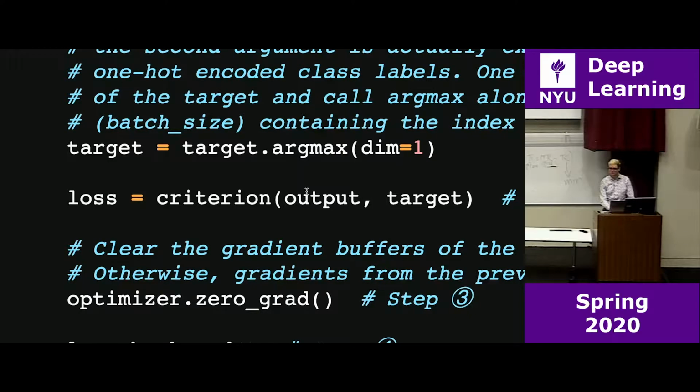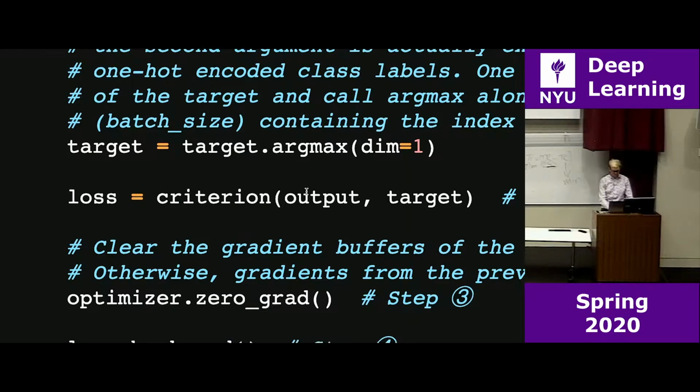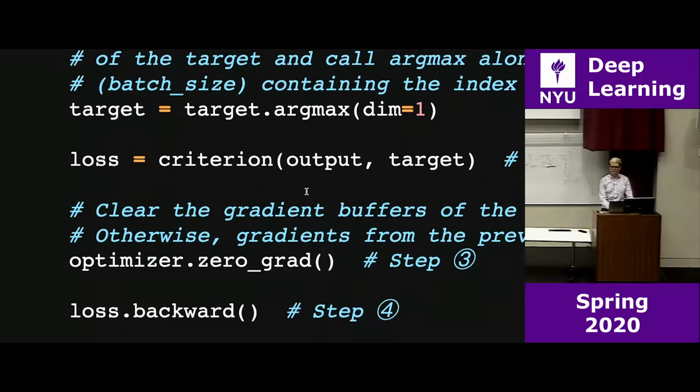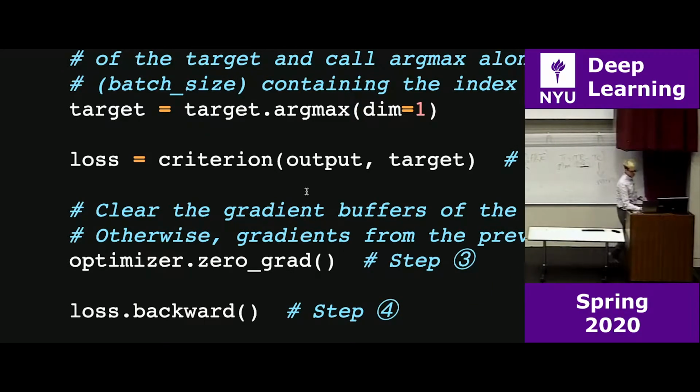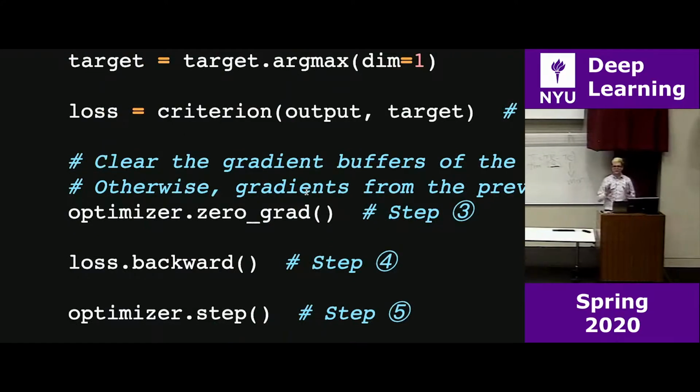It computes the partial derivative of the loss with respect to the network's parameters. Finally, number 5, which is updating the parameter: step in the opposite direction of the gradient. Okay? All right. Those are the 5 steps you always want to see in any training loop, right?